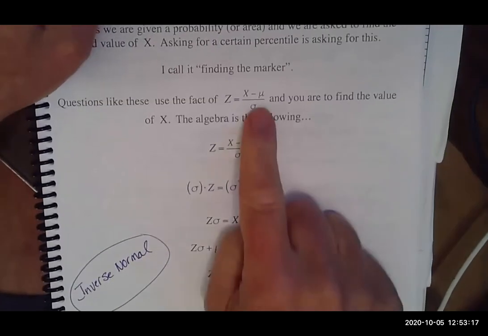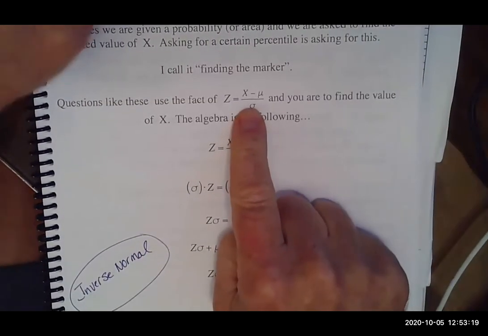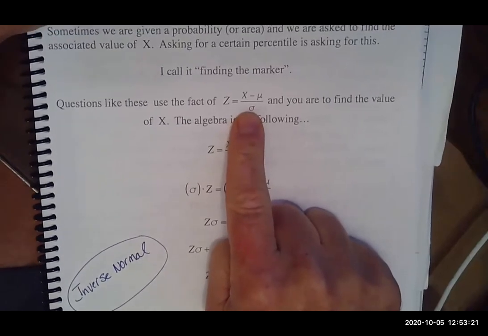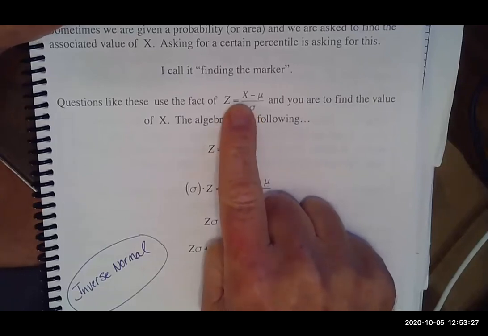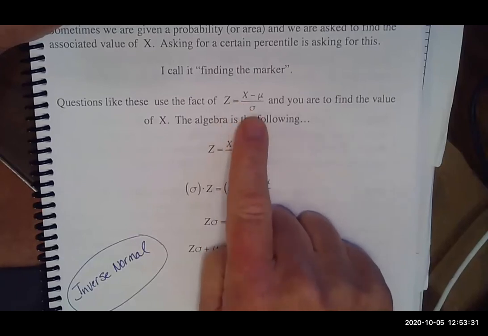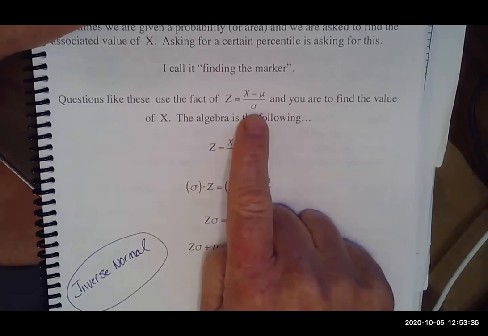Okay, so we remember that formula. This is an equation, so the algebra would be the following if I want to get the x by itself. How do you get rid of the sigma in the denominator? You multiply both sides by the denominator, by the LCD.